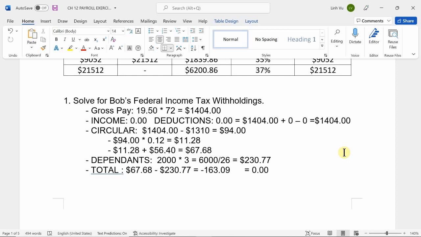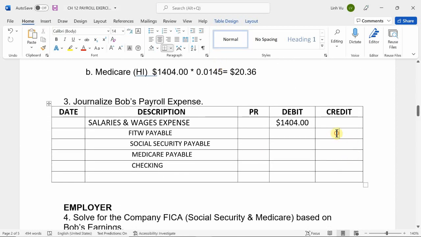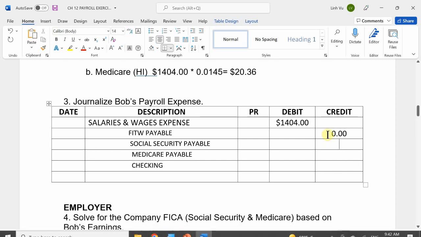We calculated the federal income tax to be $67.68, but he claimed his children for $230. Oh, zero. There you go. So there's $0 we're taking off for his federal income tax withholdings.